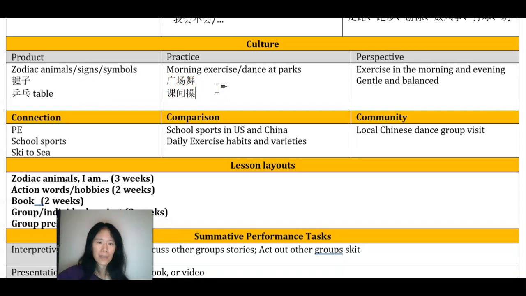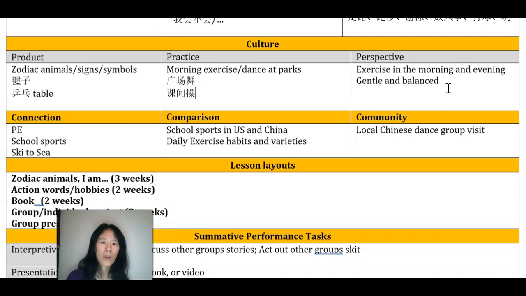Some videos or pictures of morning exercise, 广场舞、课间操, or dances, and perspectives, how Chinese people think about the ways of exercise, the benefits of exercise in the morning or the evening, and the yin and yang connection, the balance, and the high intensity exercise or gentle exercise.